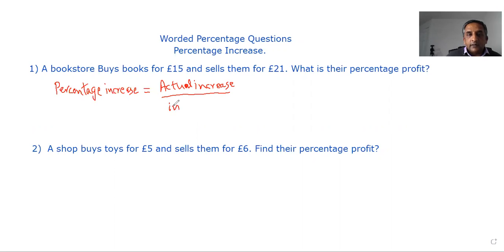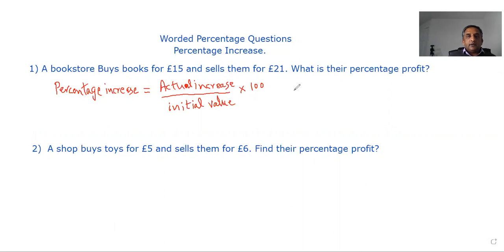I will tell you what all this is. It looks a bit complicated, but you need to write down this formula. This is very important. Initial value, and then times it by 100. So this is the formula which we will use for both the questions. Percentage increase is equal to actual increase over initial value times 100.